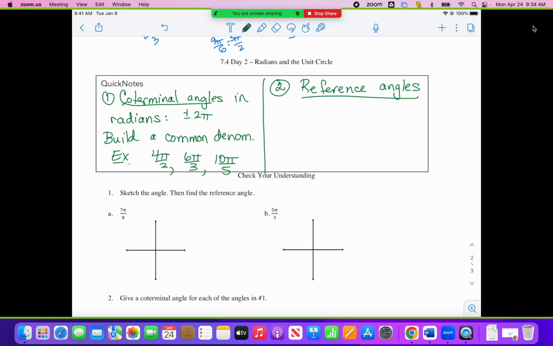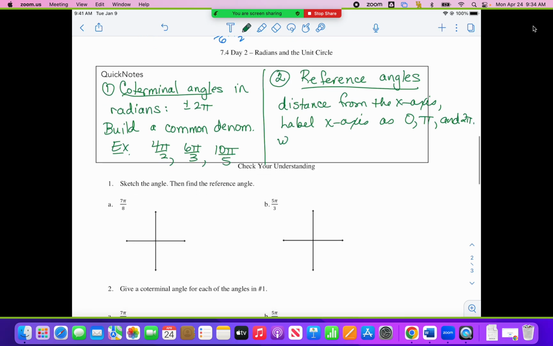Reference angles. This was our second thing we just discovered again. It's the distance from the x-axis. You're going to label your x-axis as 0, pi, and 2 pi, and then write the fractions with a common denominator as the given angle.